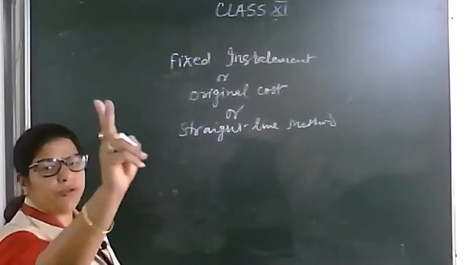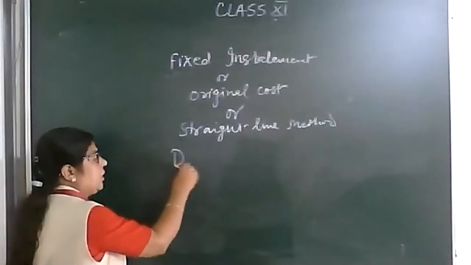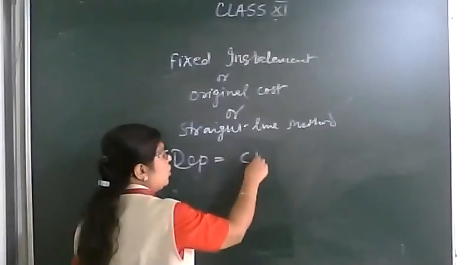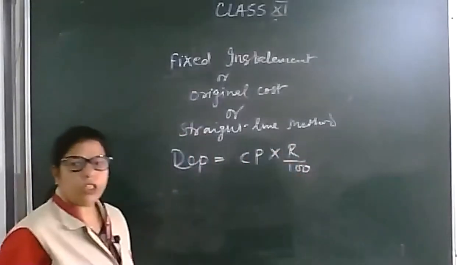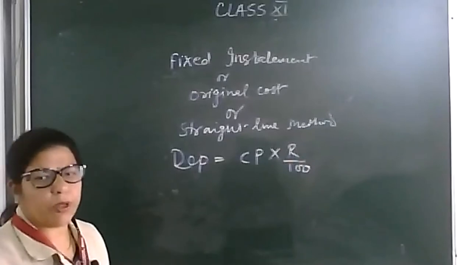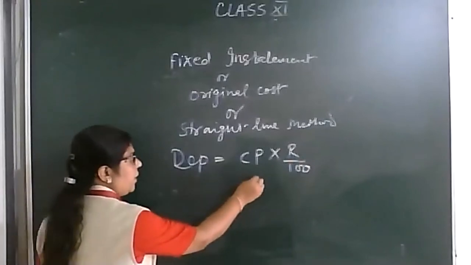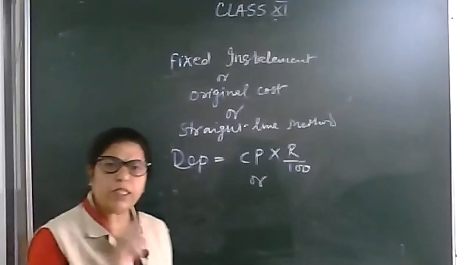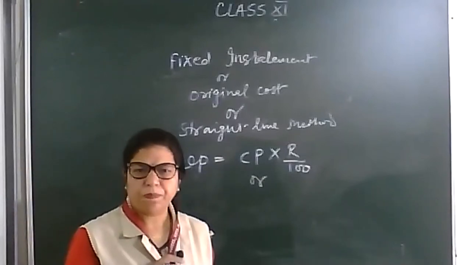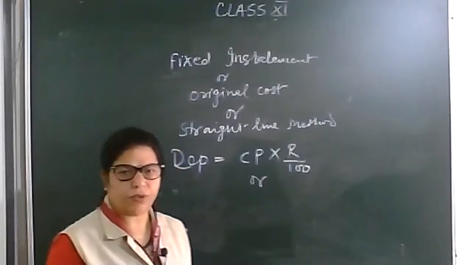Now, there are two formulas. Depreciation is equal to cost price into rate upon 100. And one more formula is there. That's why this method looks difficult, because two formulas are used.